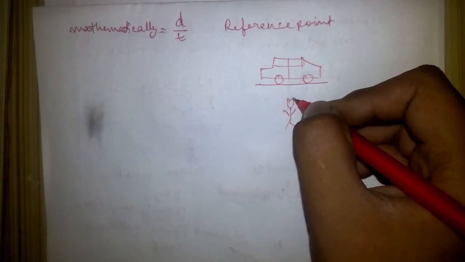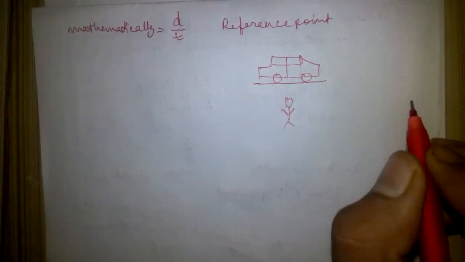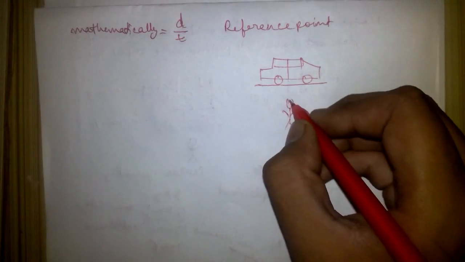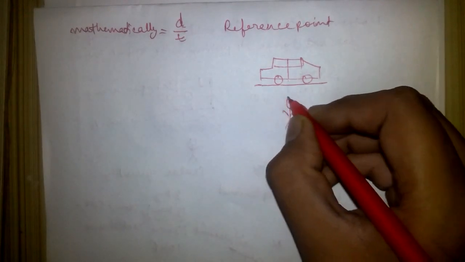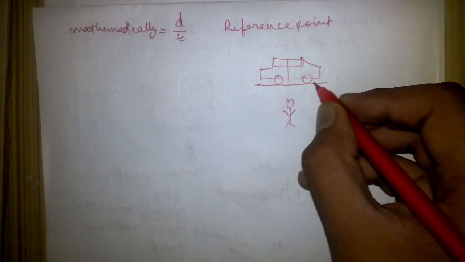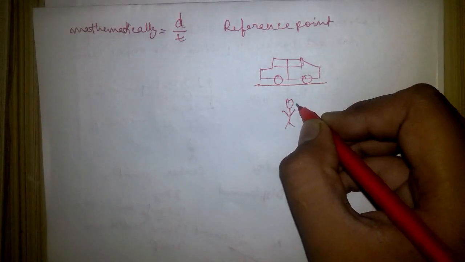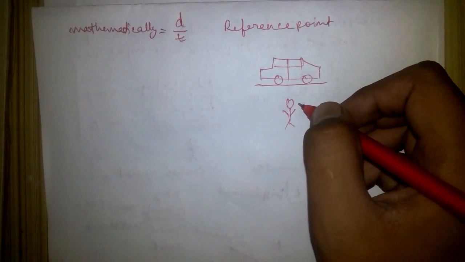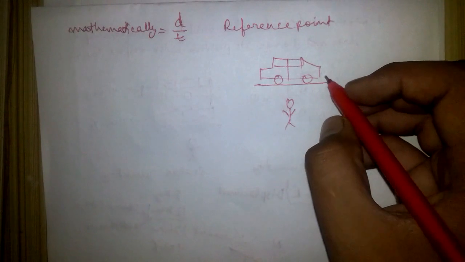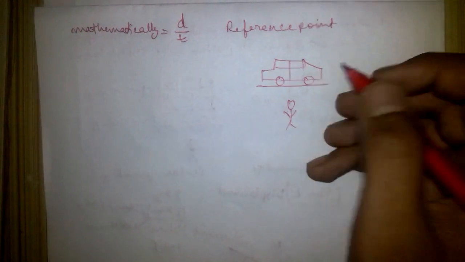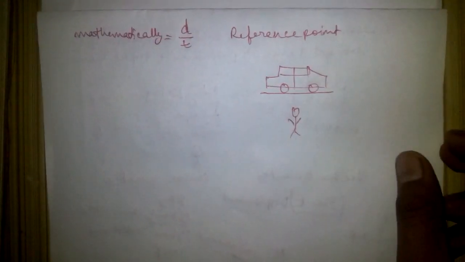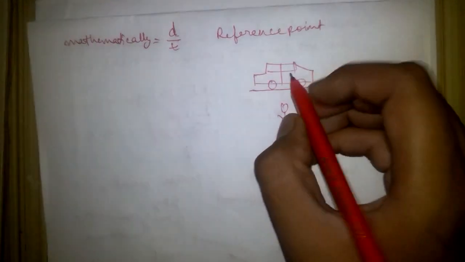So the man will be the reference frame. The point or frame from which the motion of an object is studied or observed is known as the reference frame, and the point to which the motion is related is called the reference point.